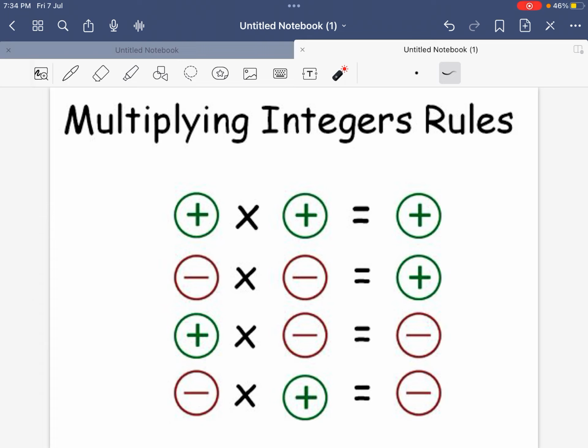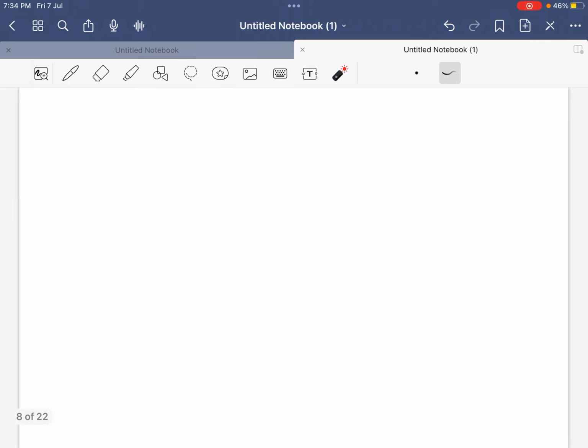Let's begin with a few examples. Before we solve this, just one thing you have to keep in mind. Suppose one number is positive and the second number is also positive, then we know that our answer is also positive.